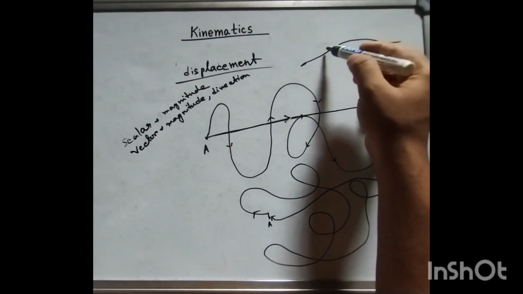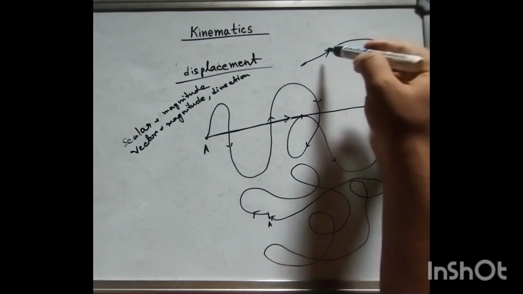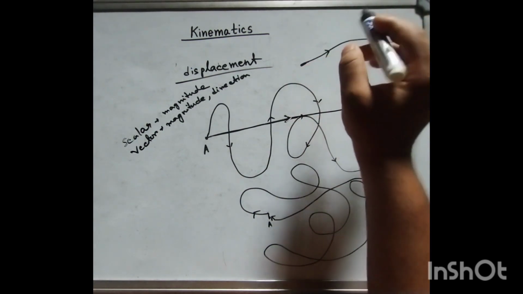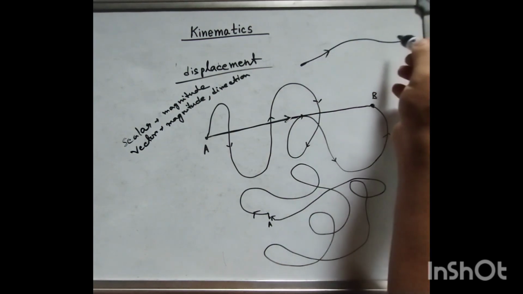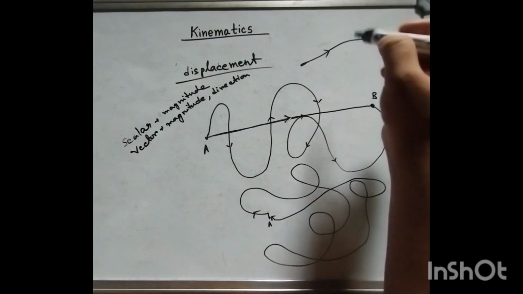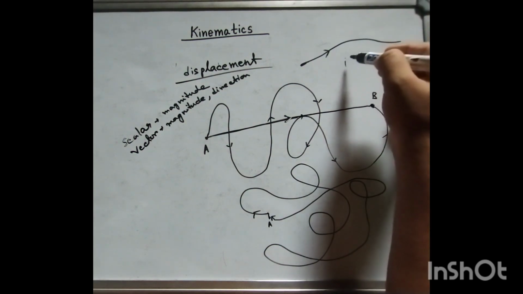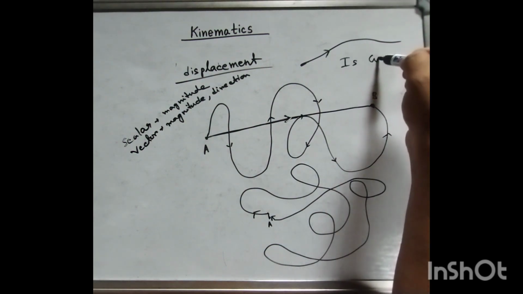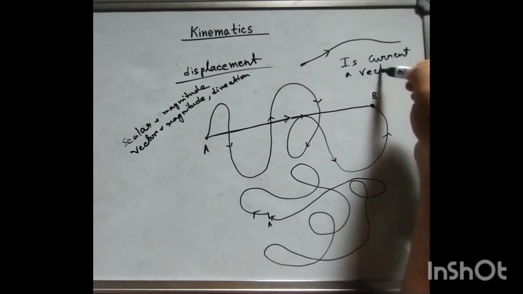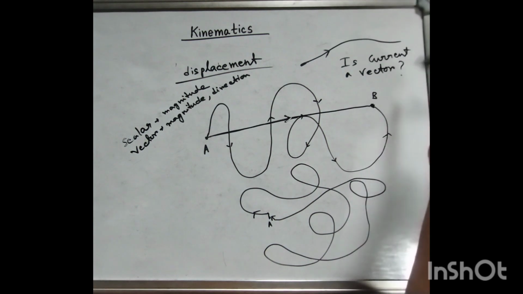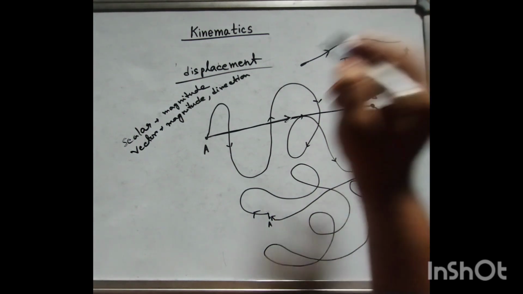Suppose this is a wire and current is passing through it, so it also has a magnitude. Some amount of current is flowing, so it has magnitude, it has direction also. But is it a vector? Is current a vector? Because it has both magnitude and direction, but it is not a vector.